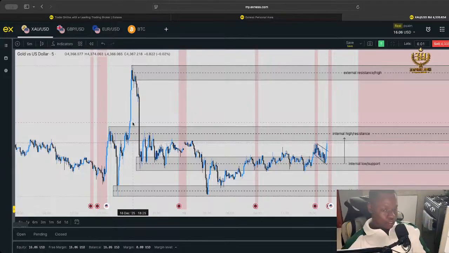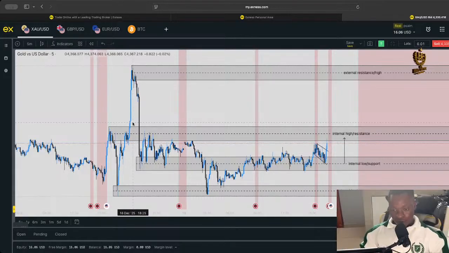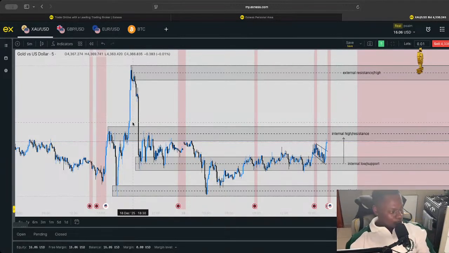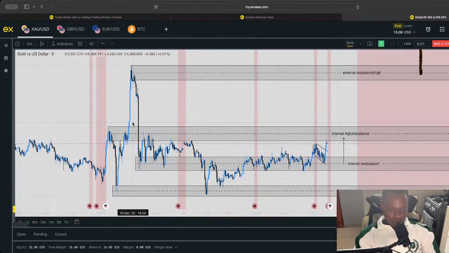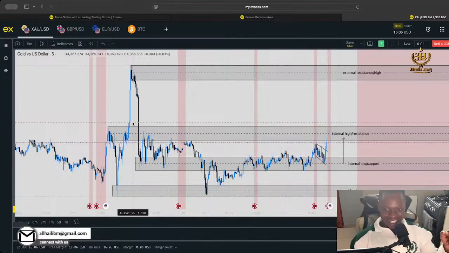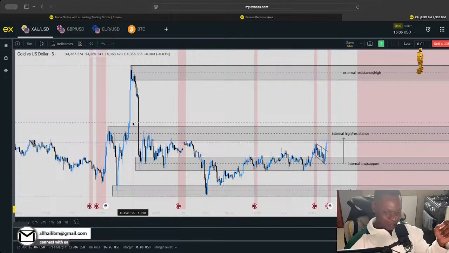So the entry that we took at first was a sniper entry, a perfect entry. If we didn't lock our profits, we could be swimming in deep profits by now. But we don't regret what we did because we are trading a small account.